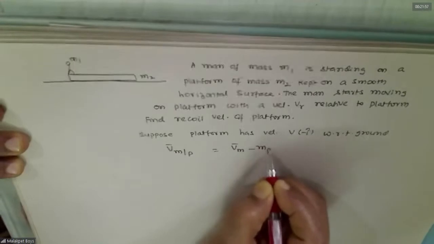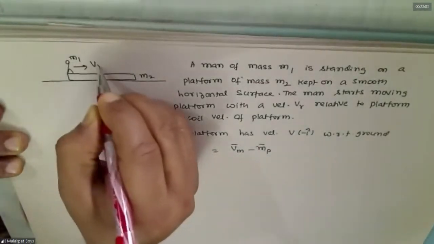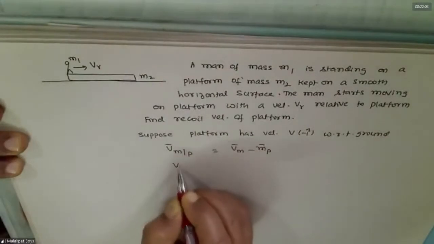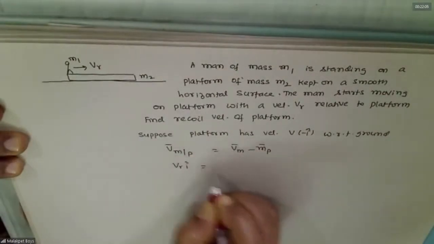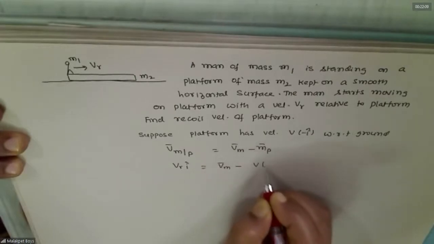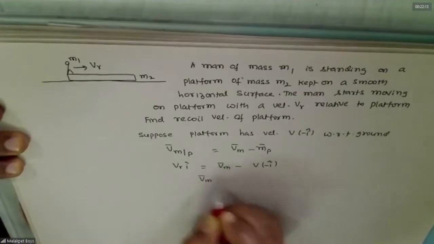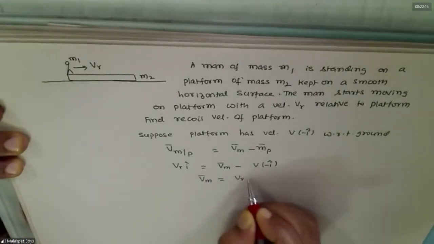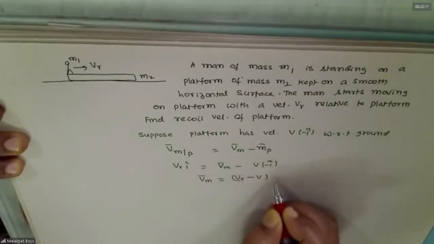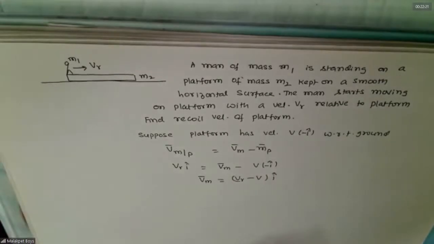Do you agree with this? Agree, sir. This velocity is given as VR in the problem. This is man with respect to ground, this is platform with respect to ground. So man with respect to ground is VR minus V. Understood this? Yes, now understood.